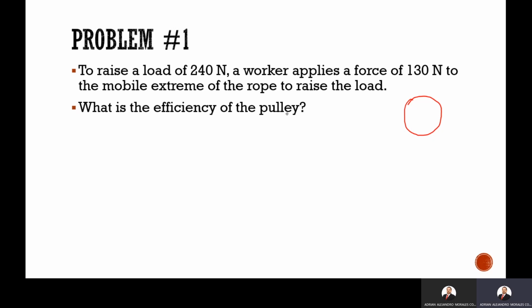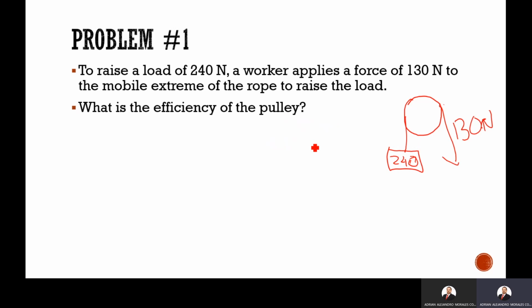In our case, this pulley has a load of 240 newtons. And also we have a pull force going downwards as well, of 130 newtons.